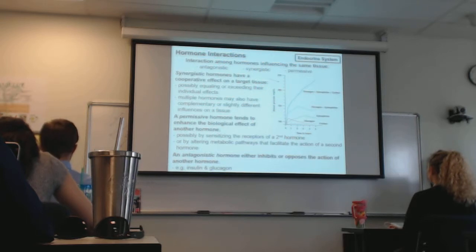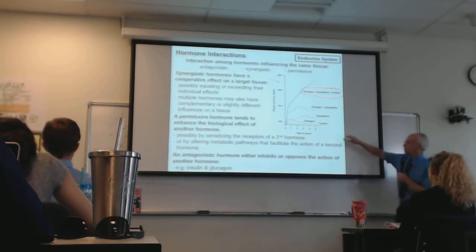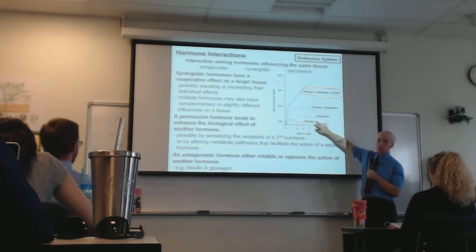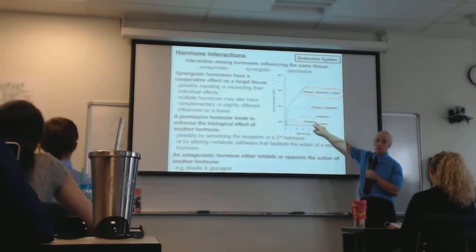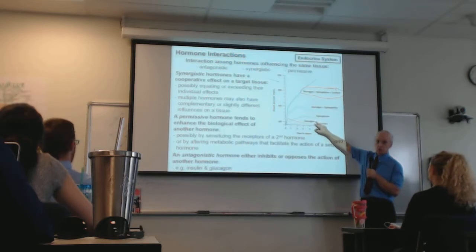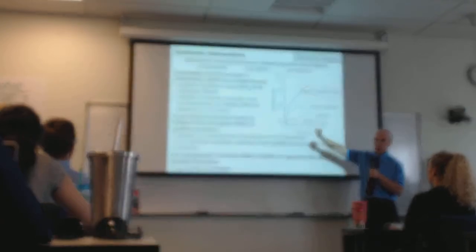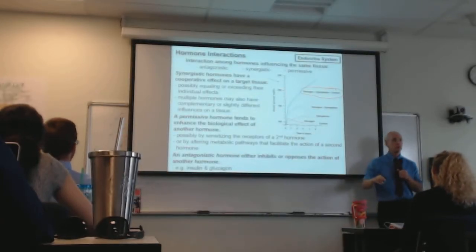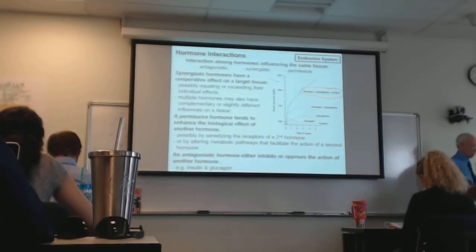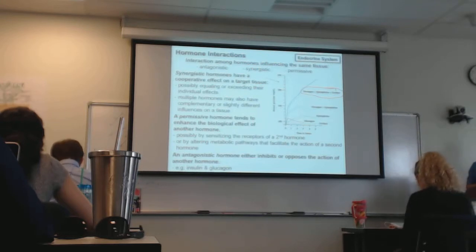But notice what happens when you combine glucagon, epinephrine, and cortisol. How would you describe the effect of all three relative to these? It's not simply additive, it exceeds the sum of the individual hormones. We call that synergy. So a synergistic response is an amplification of the individual biological effects of those hormones.